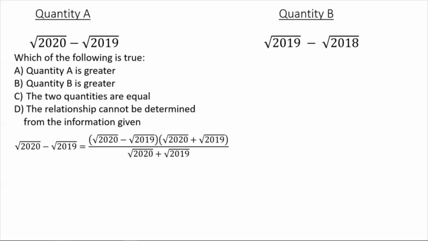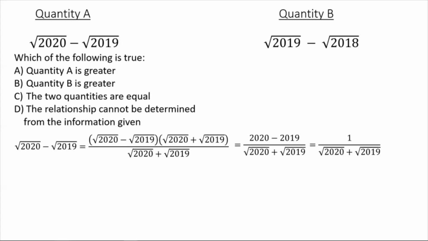For quantity A, we multiply root 2020 minus root 2019 with its conjugate, which is root 2020 plus root 2019. We have to divide by root 2020 plus root 2019 just to maintain the parity. And now the numerator of this expression will be 2020 minus 2019, and that will be 1.